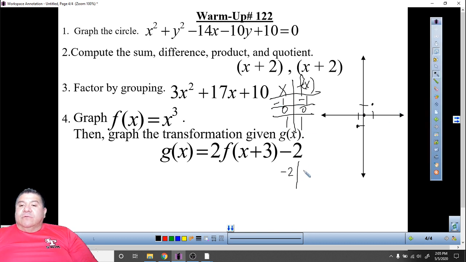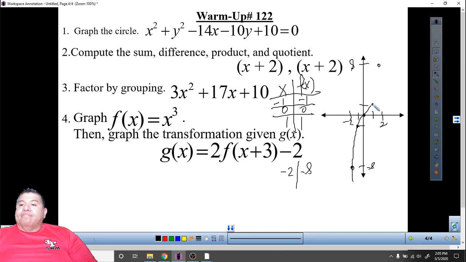Negative 2 cubed is negative 8. And 2 cubed is positive 8. So the original looks something like this. You guys remember that?